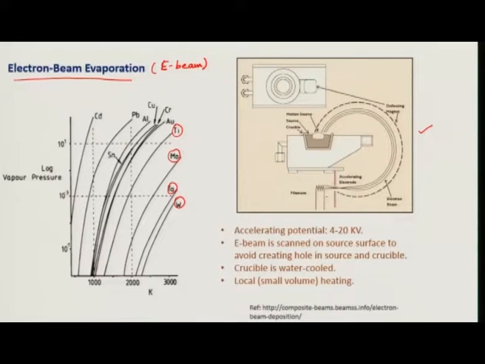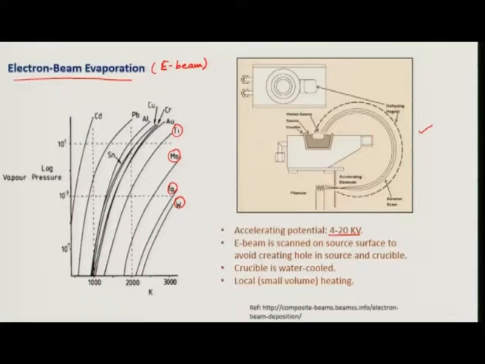This is a schematic diagram which shows how this E-beam deposition works. Down here we have a filament which when heated gives thermionic emission, and you get electrons which can be accelerated using a series of accelerating electrodes up to 4 to 20 kilovolts. Then you have a magnet to deflect, because electrons are charged particles; when they are moving you can deflect their path by magnets.